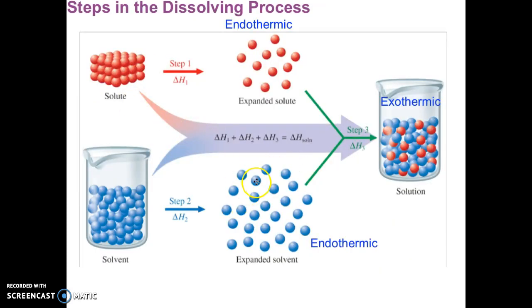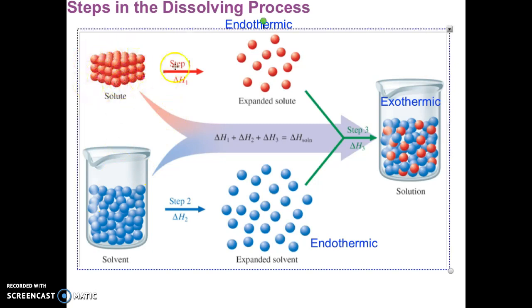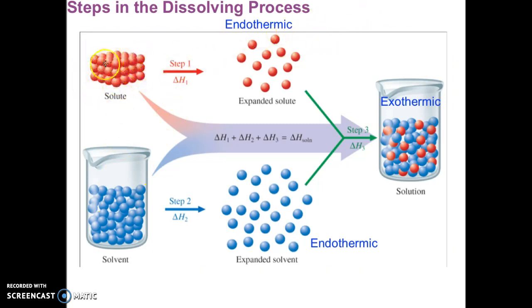What is new for you is this idea of the dissolving process, and really what are the steps that happen during this dissolving process. One of the things we would want to consider is that if you're dissolving a solute in a solvent, the first step is endothermic. We call it an endothermic process because you have to put energy in to expand the solute.